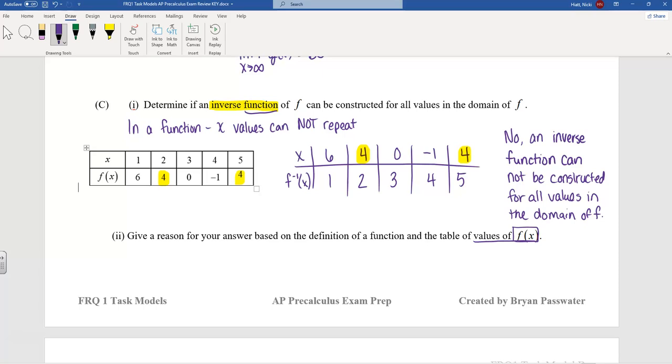So while it might be helpful to make this table for the inverse, we really need to talk about this table here. So the problem is that we've got these two f of x values that are repeated that we know when they switch are going to become x values for the inverse. So the way that they kind of want us to write this is something like this.